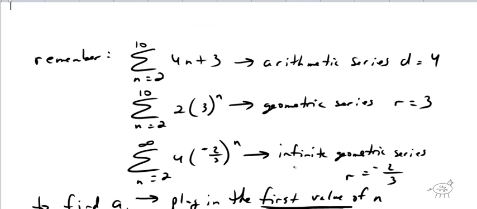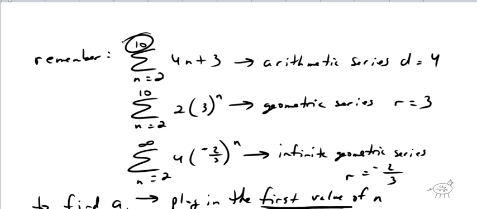So going up to this top here, your last term is a sub 10. It's just plugging in 10, so it would be 4 times 10, which is 40, plus 3 is 43. That would be your last term.